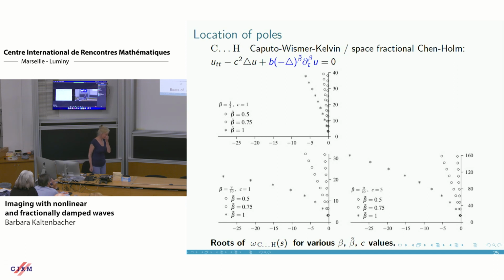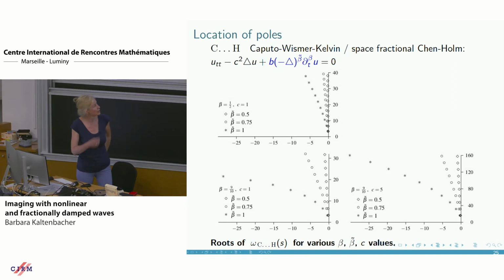Let me just come back to that question that I posed at the beginning of this section, namely on how ill-posedness of the inverse problem depends on the strength of the damping. And the strength of the damping is governed by these powers, beta and beta tilde. So this is now the fractional damping model.